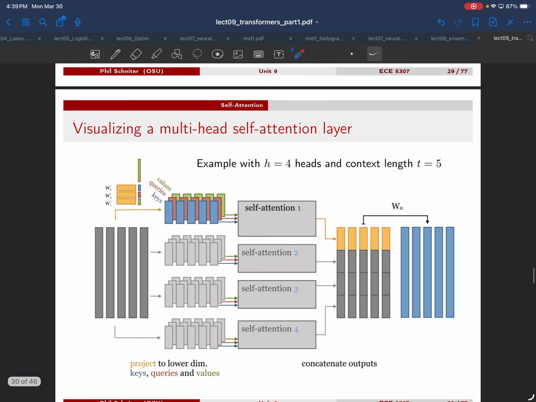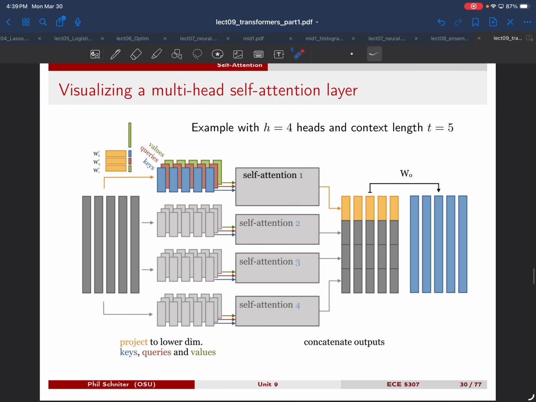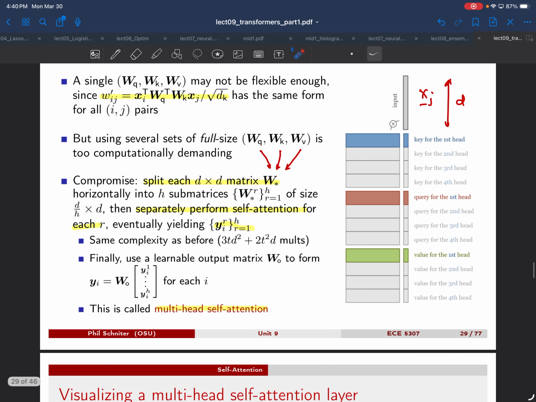All right. So this is a picture that tries to show everything together. We start with an input sequence. This is the dimension D. This is the context length T. So we have 5 vectors in this little snapshot of the time series. We first do a big transformation that's square, but then chop it up.